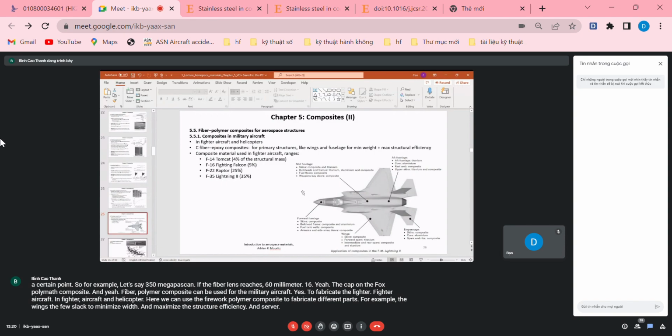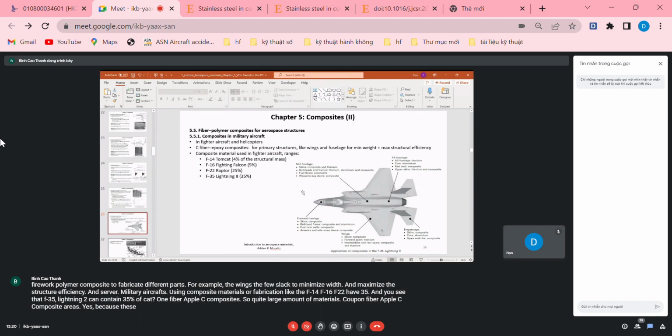Several military aircraft use composite materials for fabrication, like the F-14, F-16, F-22, F-35. You see that the F-35 Lightning II can contain 35% carbon fiber epoxy composites. So quite a large amount of the material is carbon fiber epoxy composite.